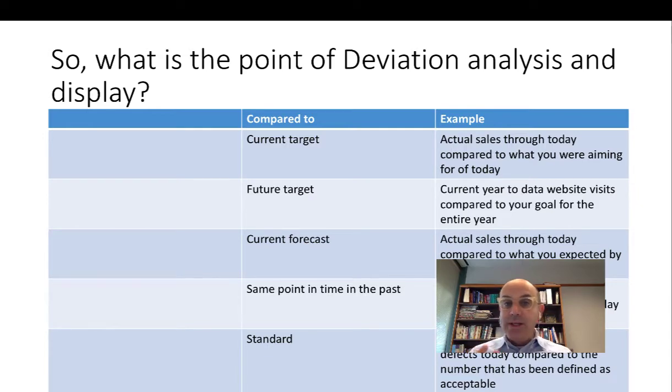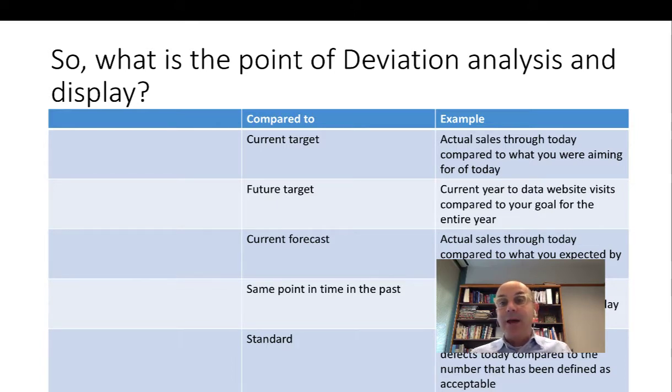When you are using deviation analysis, you are comparing to the current target. The example is the actual sales through today compared to what we're aiming for as of today.